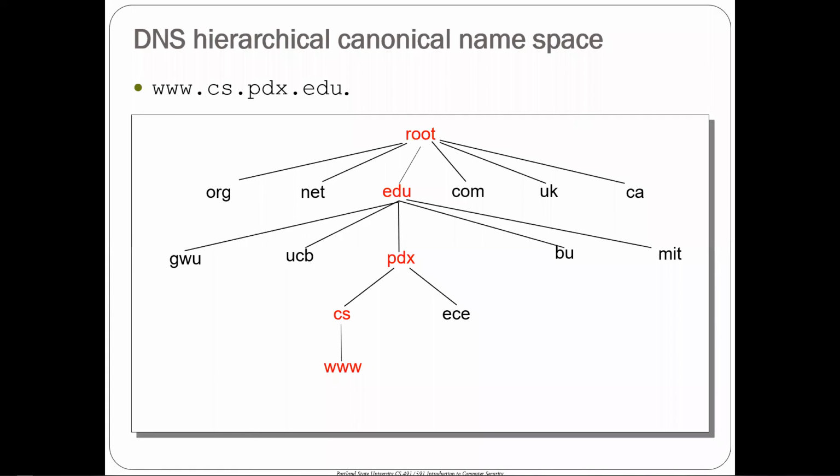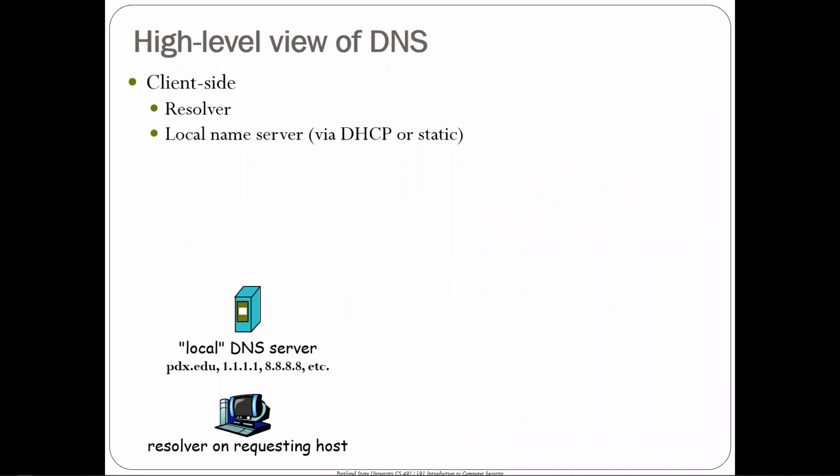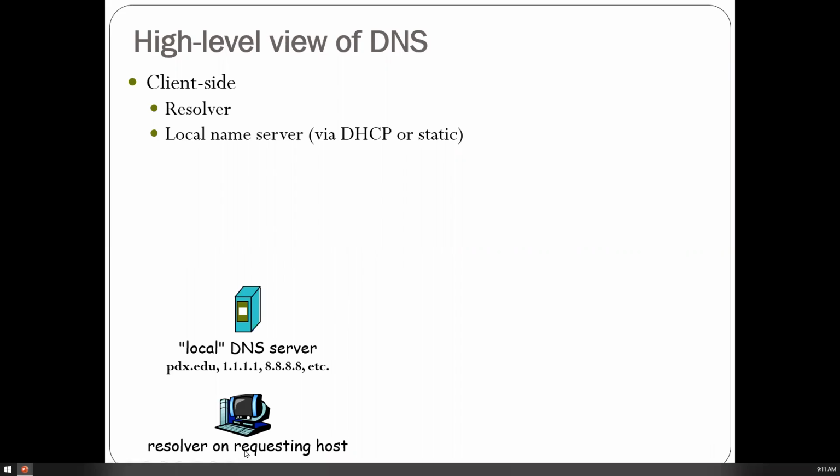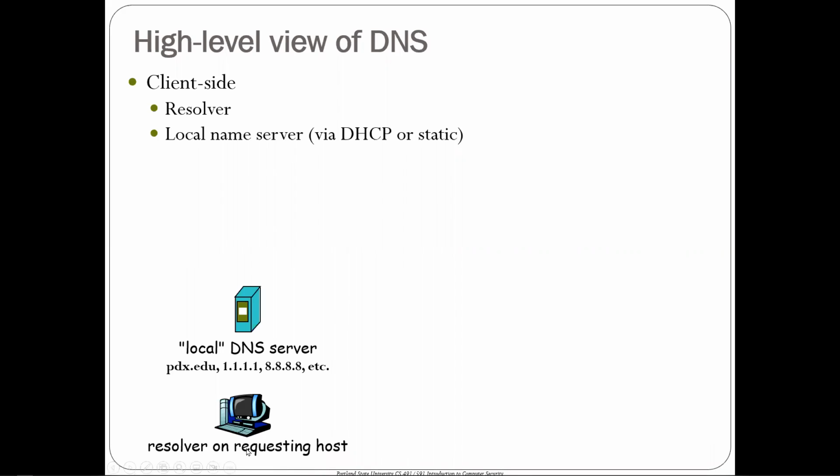So this is the way the DNS namespace is organized. And so when you want to query the DNS hierarchy, there are two parts on the client side. The first thing is a resolver on the host. So I have a machine, it needs to look up a name. There is some software either in the browser or in the operating system that is going to know how to create a DNS request, a query. And then the other thing that is part of the client is a local DNS server that is going to be brought up to handle this query into the DNS hierarchy, which will show up on the right. So that's two parts that are local to the client.